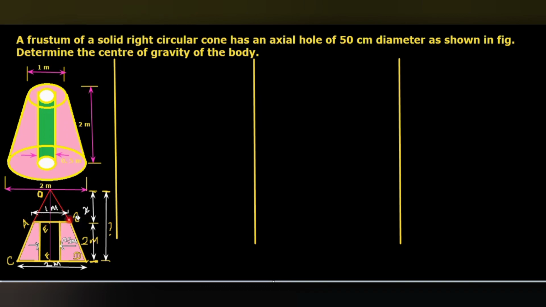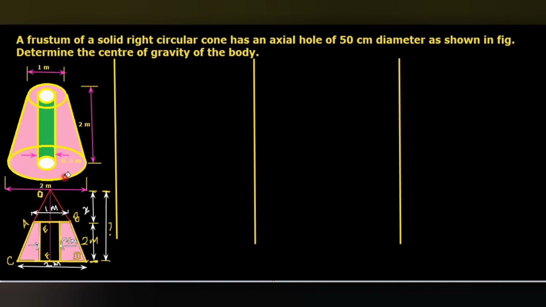Okay, this is the section line AB, which is parallel to the base CD, or at 90 degrees to the central axis of the cone. So if you cut at the line AB, the remaining shaded portion is called the frustum of a cone.